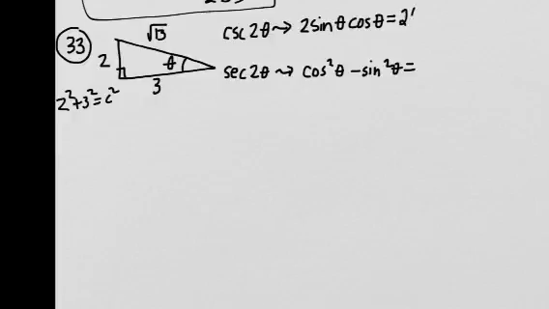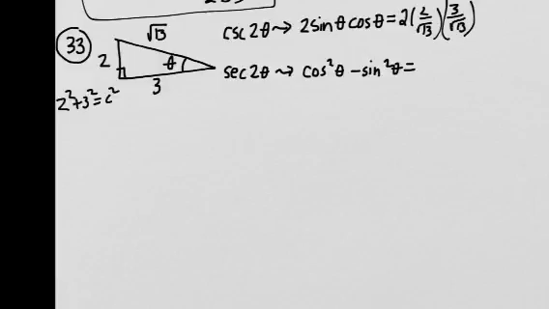So I have 2 times sine of theta, which is opposite over hypotenuse, so 2 over radical 13. And then cosine of theta is adjacent over hypotenuse, so that's 3 over square root of 13.